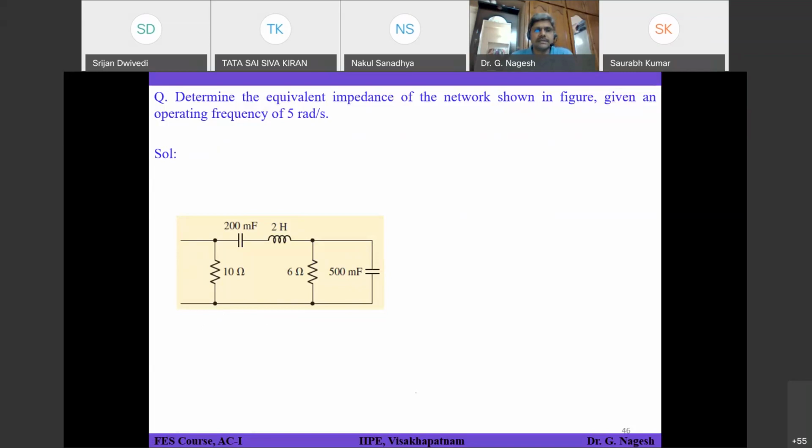When you convert into that format, we call it a frequency domain circuit. You are simply converting all parameters into units of ohms. Try to do that first, and then we can reduce and find the total equivalent impedance. Convert the inductance into inductive reactance and capacitance into capacitive reactance first.